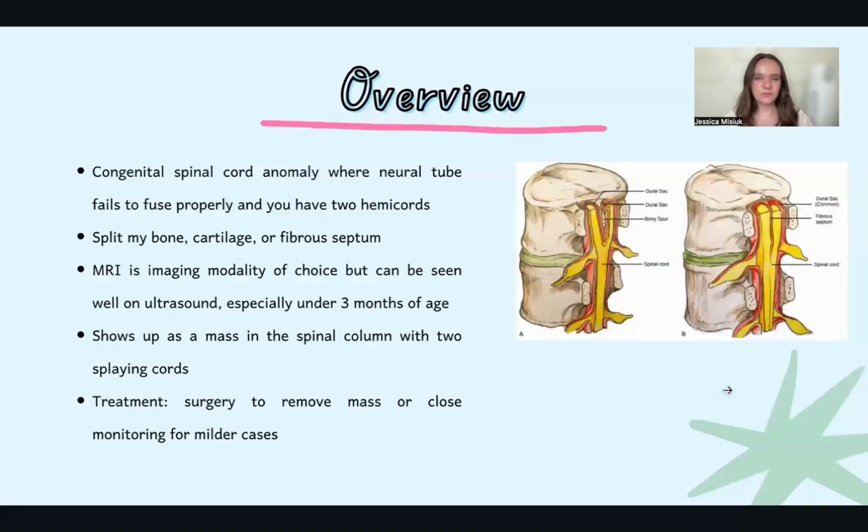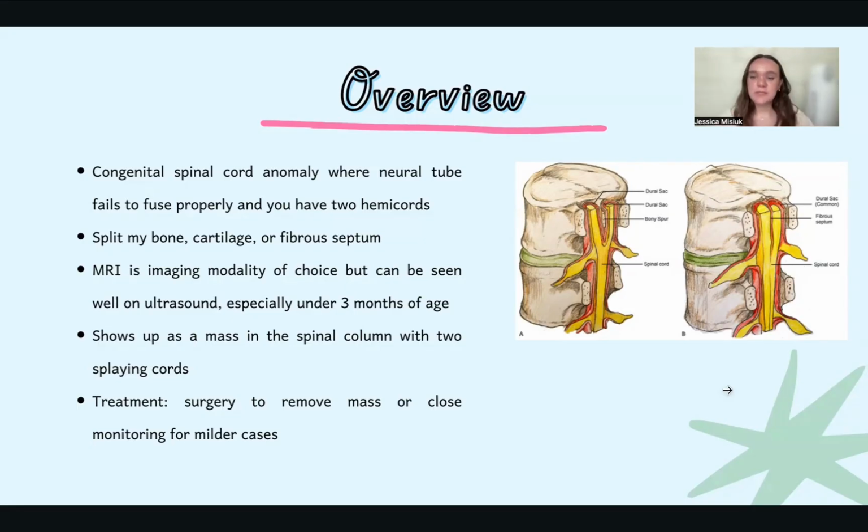So, the general overview with this abnormality: it's a congenital spinal cord anomaly where the neural tube fails to fuse properly and you end up having two hemichords. Now, this can be caused by either bone, cartilage, or fibrous septum. And as you see in the image, there are two separate characterizations.